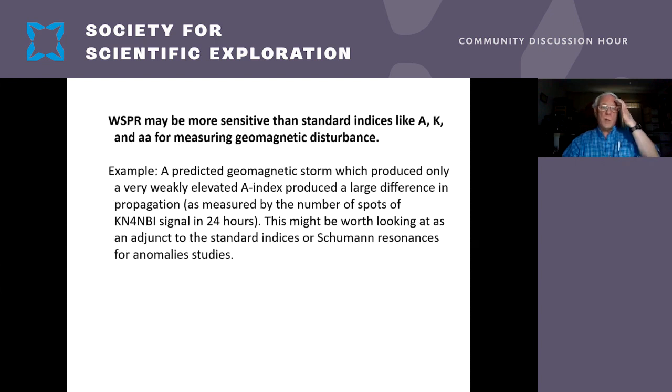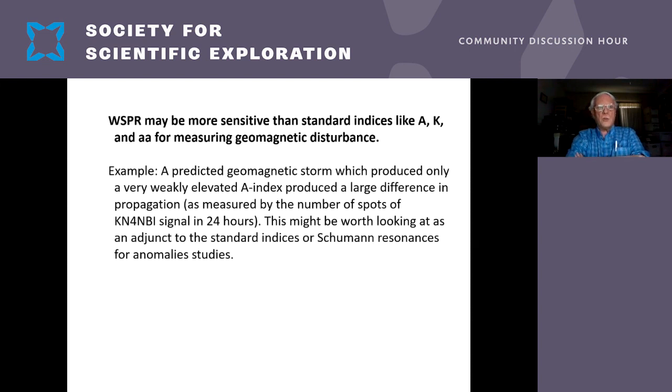And WSPR may be a lot more sensitive than standard indices like the A and K and the AA index for measuring geomagnetic disturbances. These are the indices that have been used by parapsychologists and others. An example I'll use from my own data is back in December, there was a geomagnetic storm predicted based on activity on the sun, and it ended up being a fizzle, in that there was a very weakly elevated A index, but I was measuring propagation and found a huge effect.